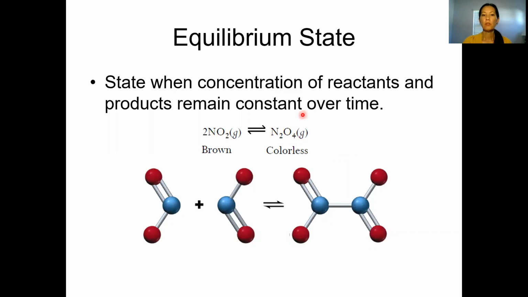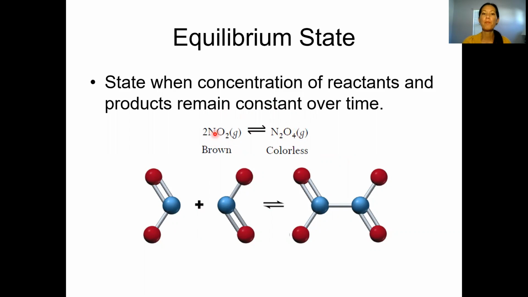The whole point of using this example is there's a nice equilibrium that occurs. You can go from the two nitrogen dioxides to your dinitrogen tetroxide, but you can also go backwards. Your product can break apart, break this N-N bond, and go back to the reactants.